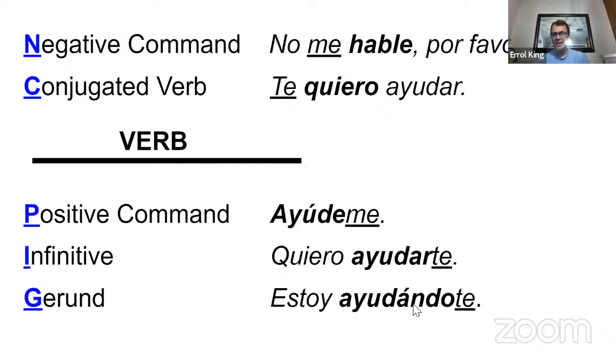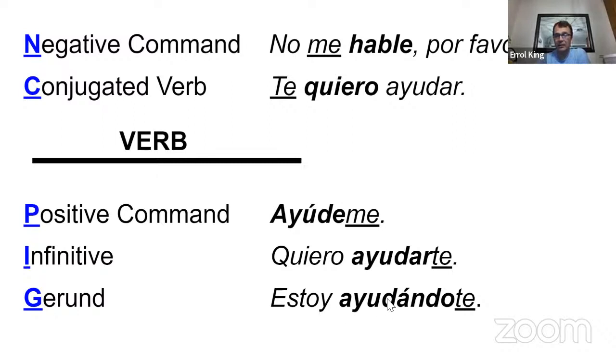I'm putting it at the end of the gerund, tacking it on again, and I have to put an accent here because, again, this is where the stress originally was, but by adding a syllable, that forces the natural stress to come here on the O. And I don't want it on the O. I want to put it back on the ayudándote. And that's how we do it. Just on the PIG, we tack it onto the end of the word.